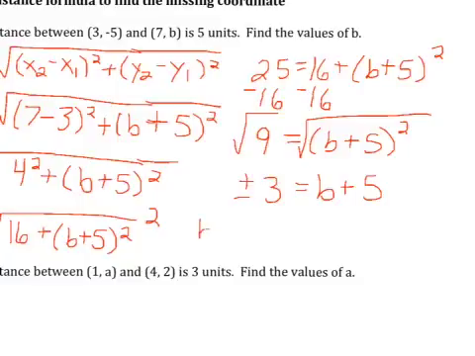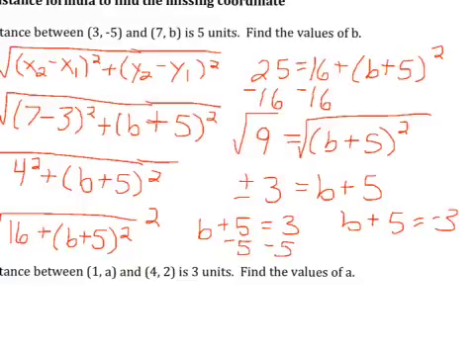We have b plus 5 equals positive 3 and b plus 5 equals -3. One of our answers for b is going to be -2, and the second answer for b is going to be -8.